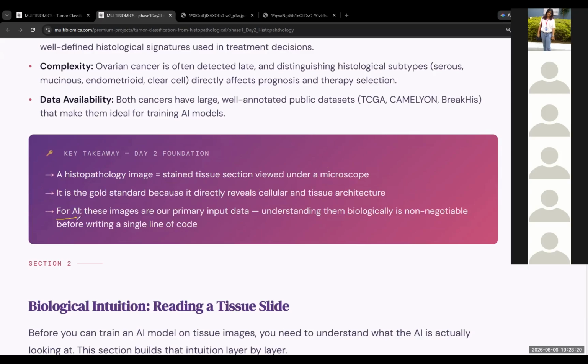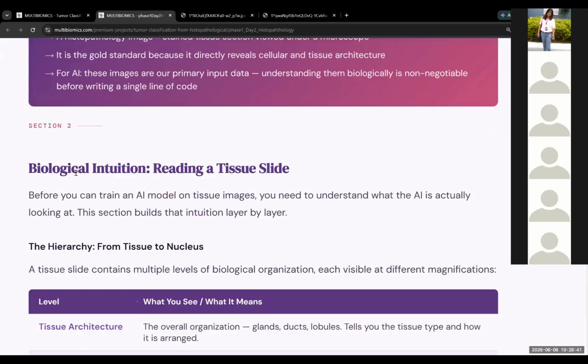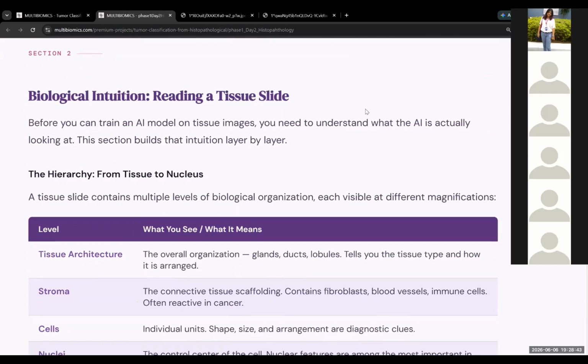So in AI terms, these images are our primary input data. For you to first understand them biologically is non-negotiable. That is why this class. Yes. So let us look at the second section of today's class, that is biological intuition.